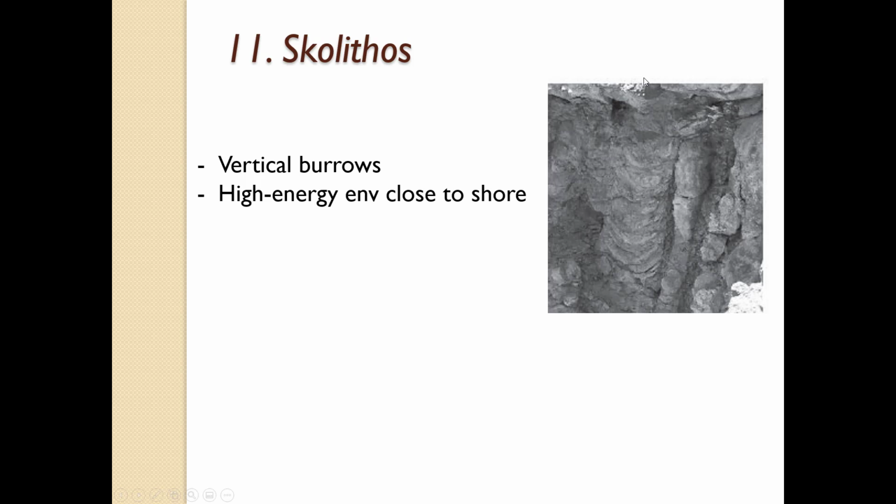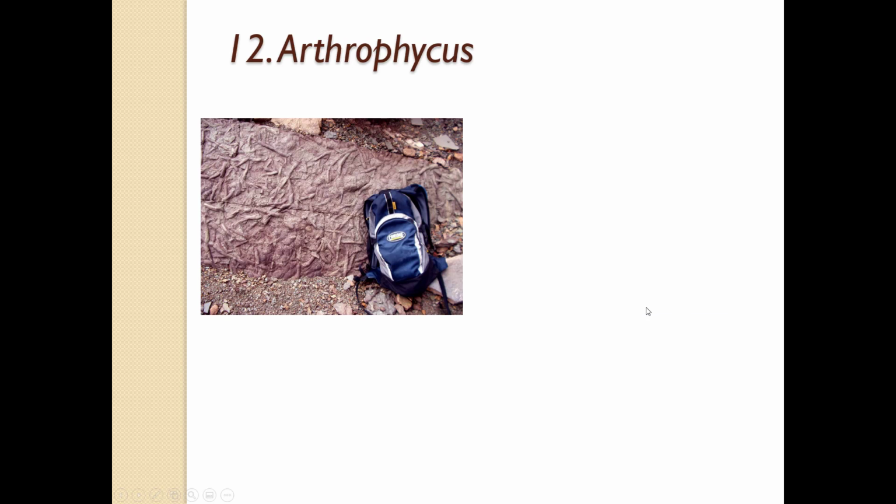Often attached to these vertical burrows, which again are called Skolithos, are horizontal burrows, which are called Arthrophycus. So this is the bottom of a bed, but it's really cool.